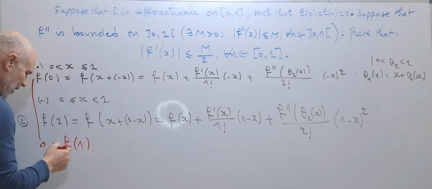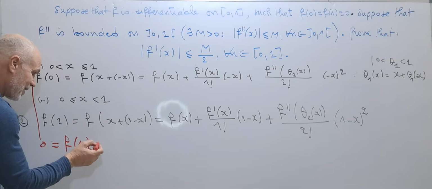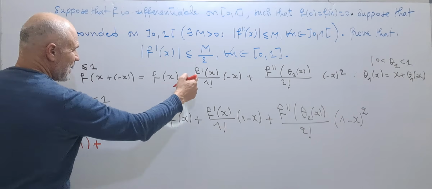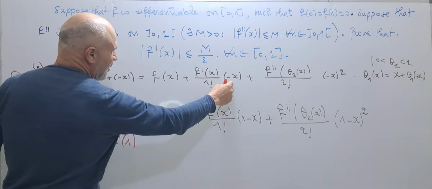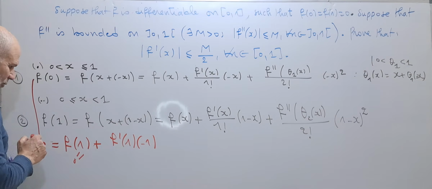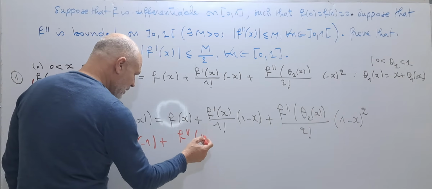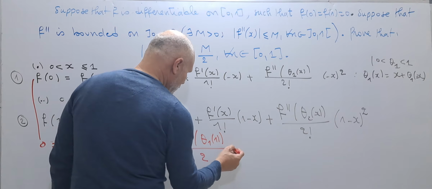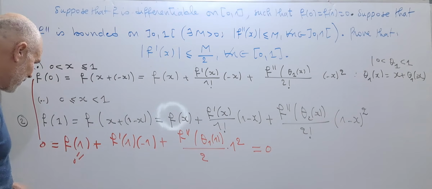But from this side we have 0, this is a hypothesis: 0 equals f of 1 plus f prime of 1 times minus 1, and f of 1 is also equal to 0, plus f twice prime of theta 1 of 1 over 2 factorial times 1 square. This is equal to 0. Don't forget, this is equal to 0.